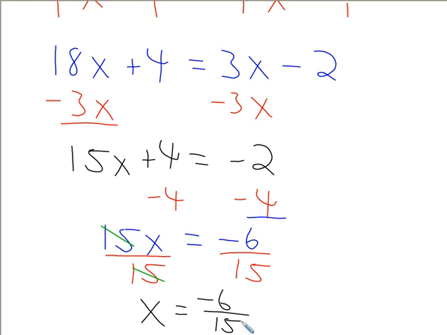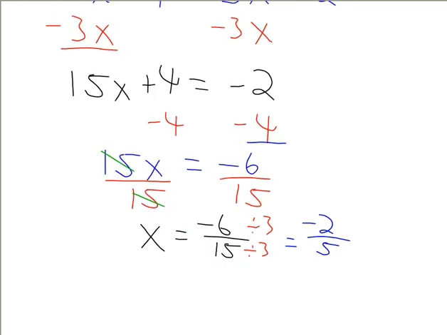But the proper way of thinking of it is that we're actually dividing out a 3, and this is probably the way I should have spoken about it earlier in the problem, but whatever you're comfortable saying about it is fine. And so when we divide out a 3, instead of negative 6, we'll have a negative 2, right? Negative 6 divided by 3 is negative 2, and 15 divided by 3 is going to be 5. And so our final answer is x equals negative 2/5.